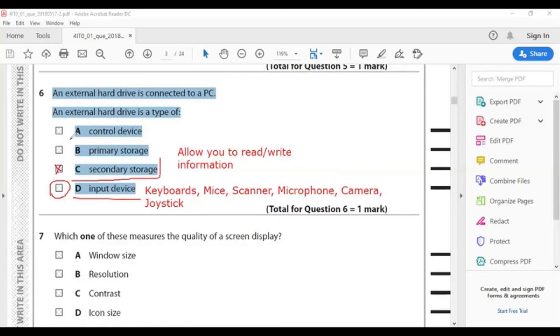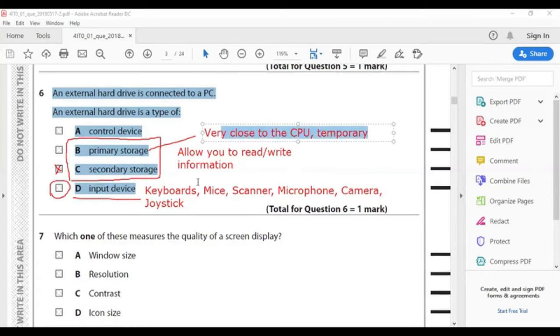So there are two kinds of storage devices. There's one called secondary, the other is called primary. Primary storage is storage connected very closely to the CPU, and it's mostly temporary storage. What do I mean by temporary storage? Sorry, sir, what does it mean, temporary storage?